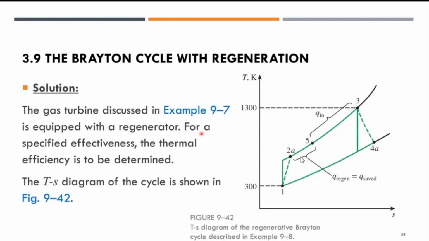As a solution, this figure 9.42 is the T-S diagram for the regenerative Brayton cycle described in example 9.8. For a specified effectiveness, the thermal efficiency also needs to be determined.